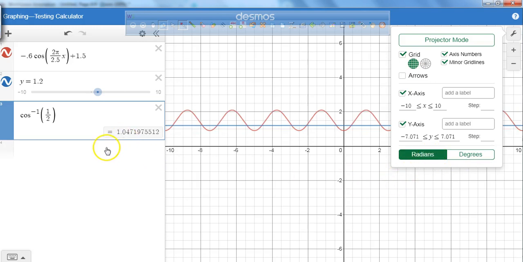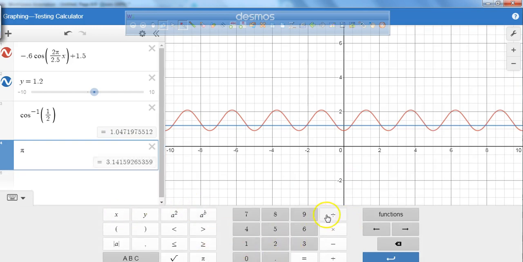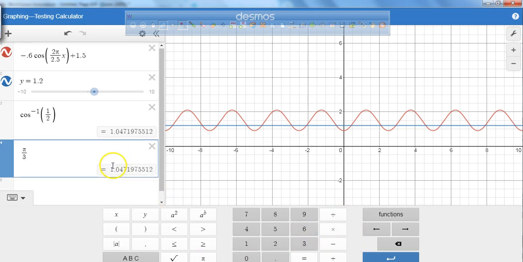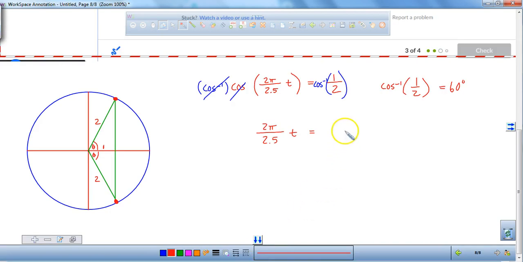This little decimal right here is pi over 3. So in radians, it's pi over 3. Just remember, if you want to convert degrees to radians, you just multiply it by pi over 180. 60 goes into 180 a total of 3 times. So that's what we have: pi over 3 radians.